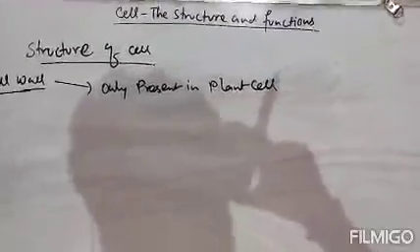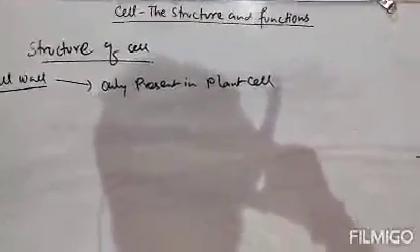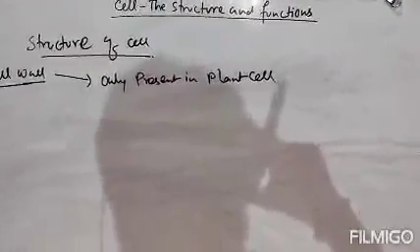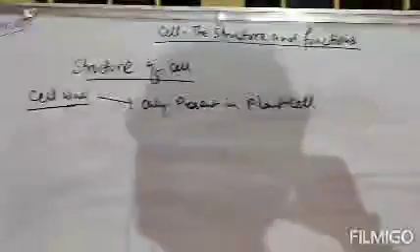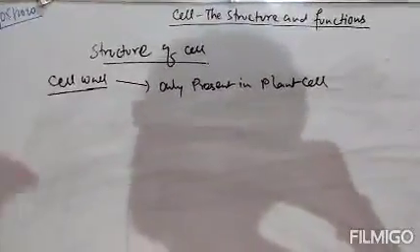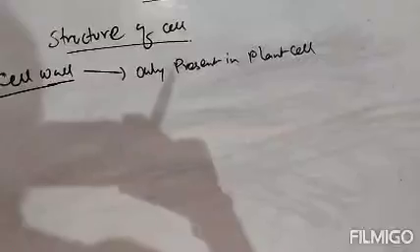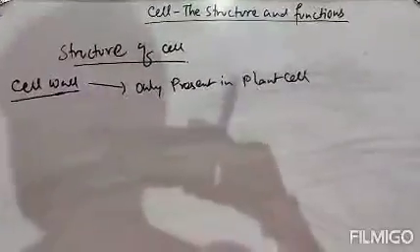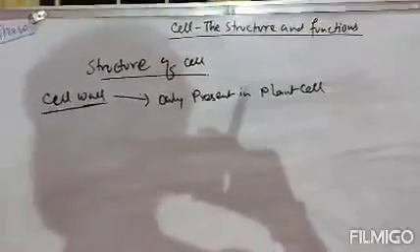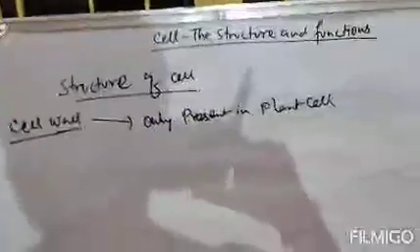Clear? And what is the position of cell wall? It lies outside the cell membrane. That means it is the outermost layer. In plant cell, the cell wall is the outermost layer, followed by the cell membrane.